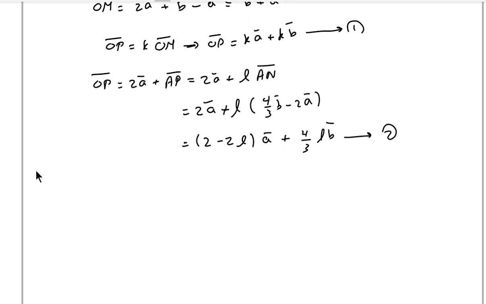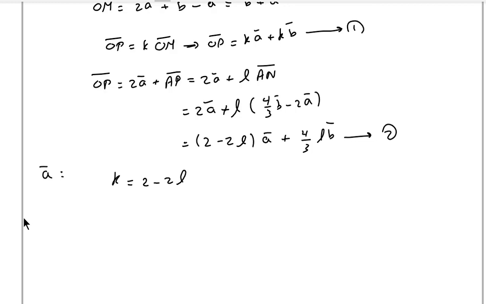Comparing coefficients for the a vector, the coefficient of the a vector here is K, and the coefficient of the a vector there is 2 minus 2L. So that's the first equation we can get: K equals 2 minus 2L. And we have another equation.